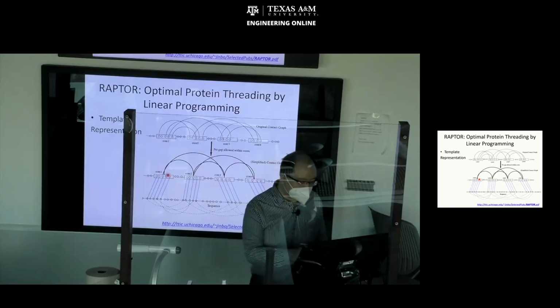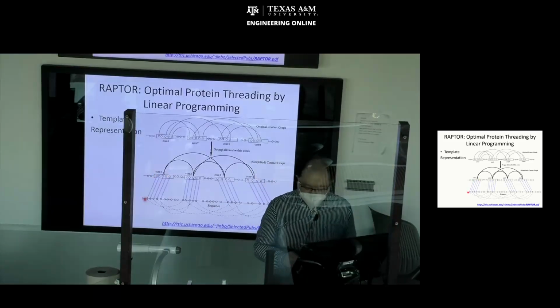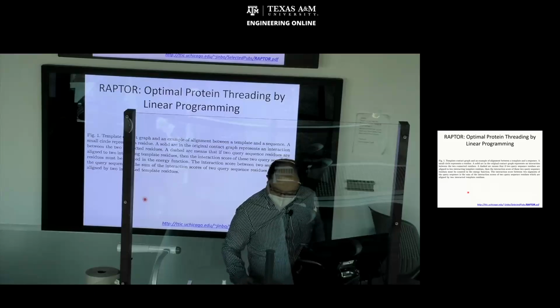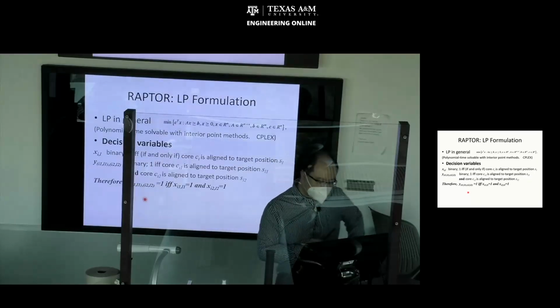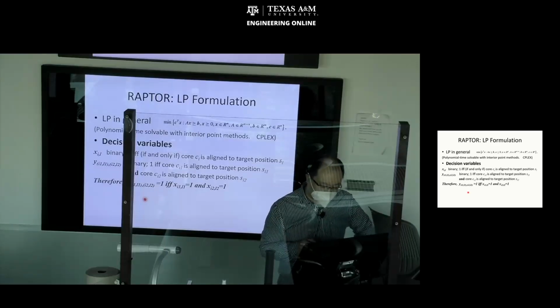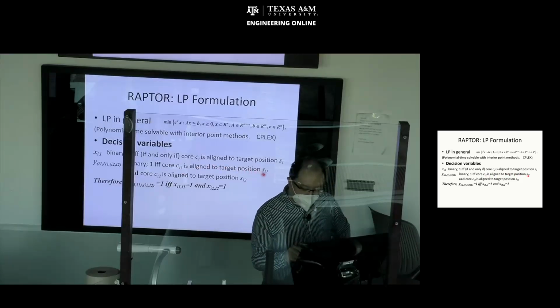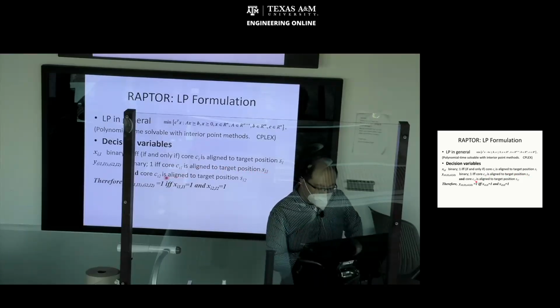We want to figure out the head of each core is aligned to what positions. And there's another decision variable because we have to address these arcs, or the 2D contact. So if core c_i1 is aligned to target position l1 and c_i2 is aligned to position l2, we have a y, which gives the binary variable for the arc.